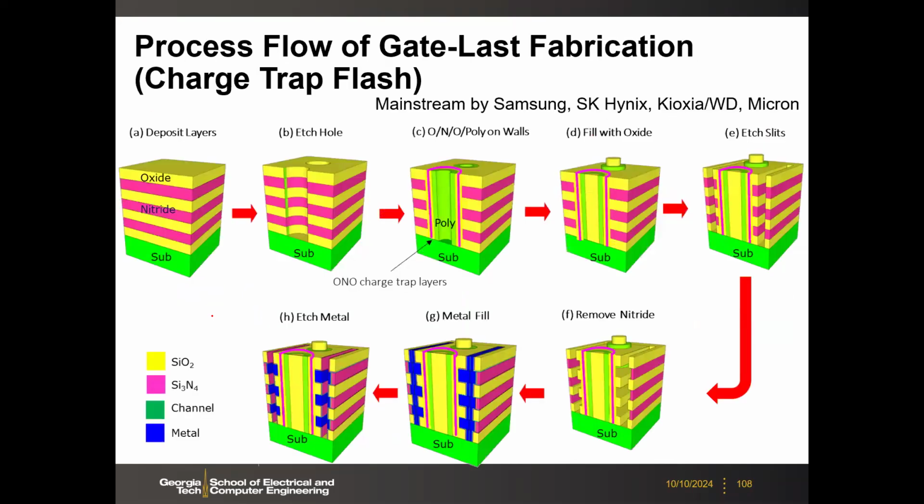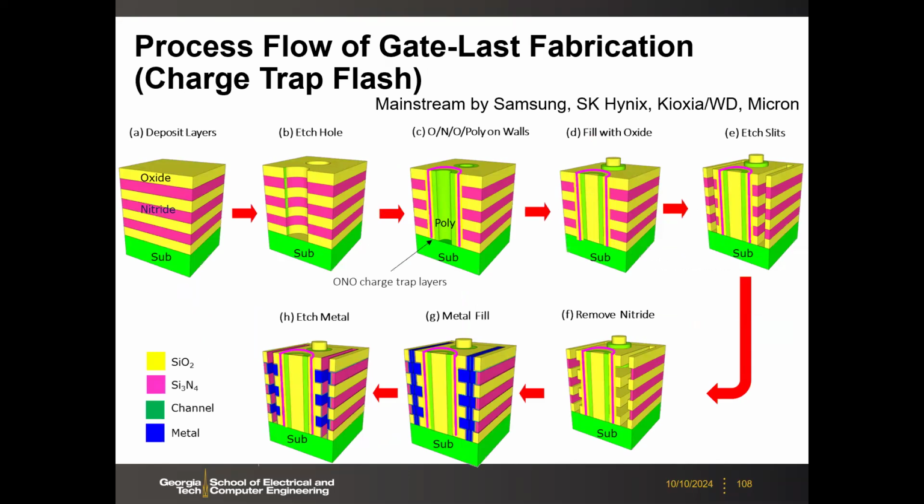So here are some more details on the process flow, so you can view this better. Okay, this is the mainstream, simplified flow. Of course, different companies may have some secret technique, but overall the flow is like this.